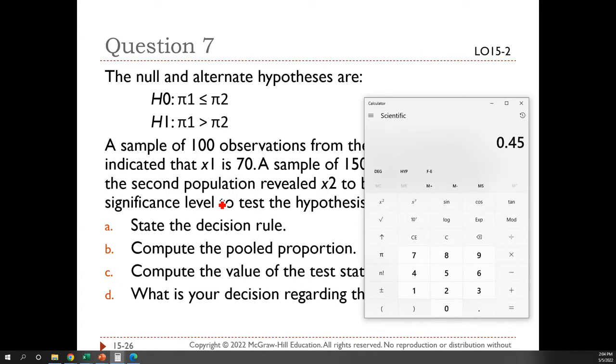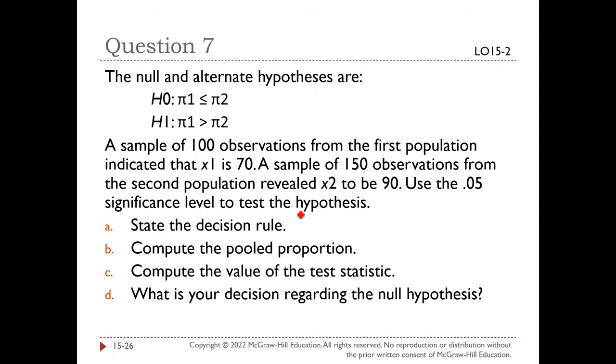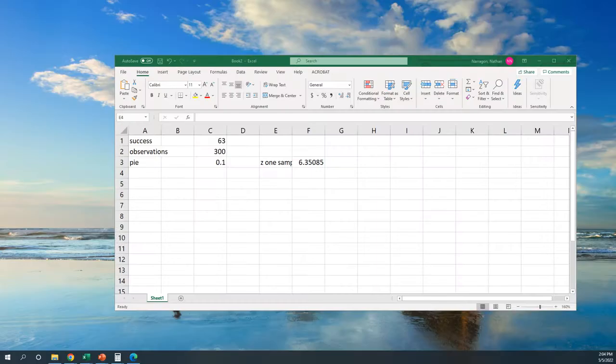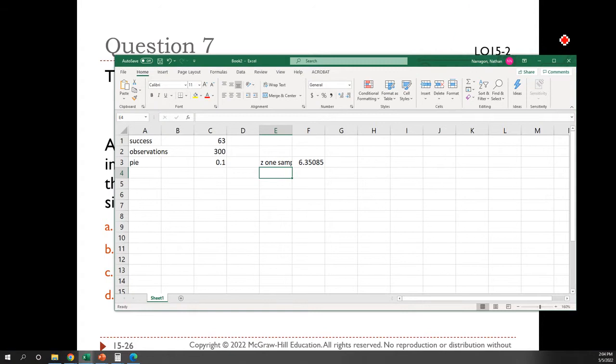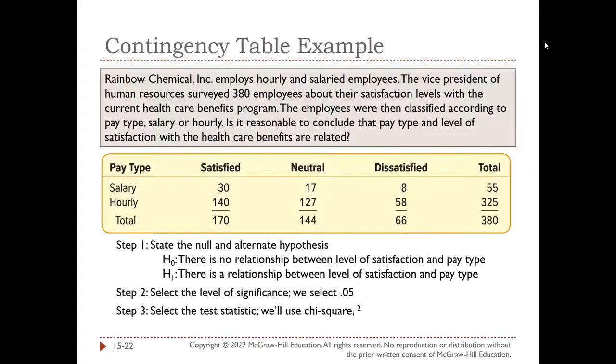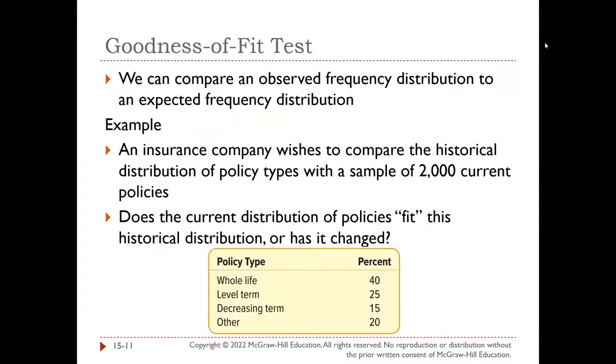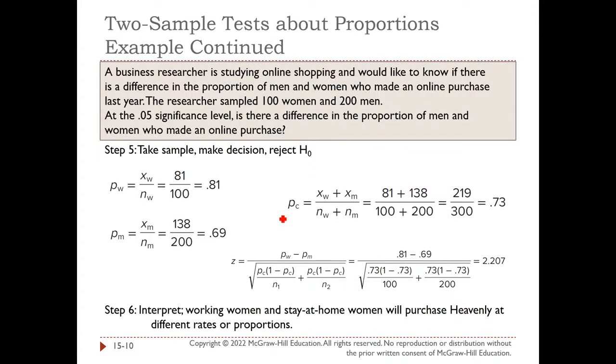Next, we're going to have to compute the pooled proportion, compute our test statistic, and define what we're going to do. So that means we're going to use Excel. First we've got to get to our formulas so we can input them. So here are our formulas.